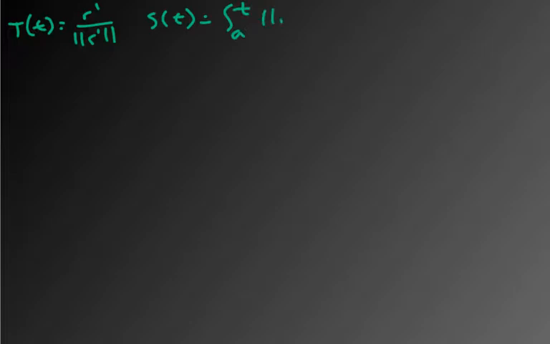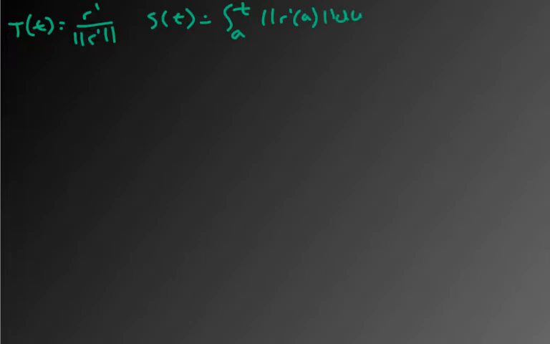Starting off, I'm just going to remind everyone, you've got capital T of t is r prime over the magnitude of r prime. It's going to be important. And we also had the arc length function, which is the integral from a to t of the magnitude of r prime of u, because u is a dummy variable, du.